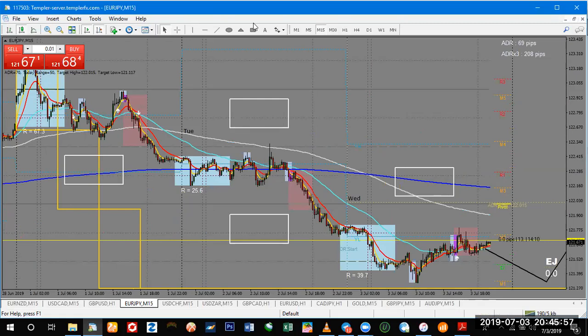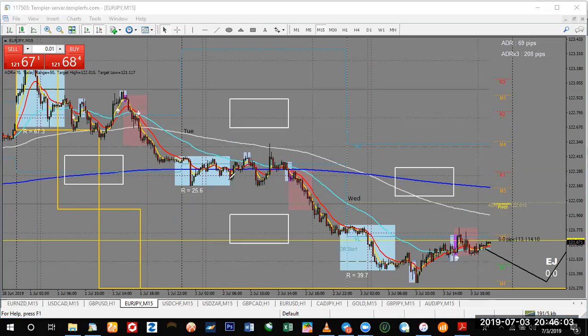Yesterday, Euro-yen had an M here. See, there's an M here. The second leg was a little bit lower. So you find that you're waiting for the M formation.